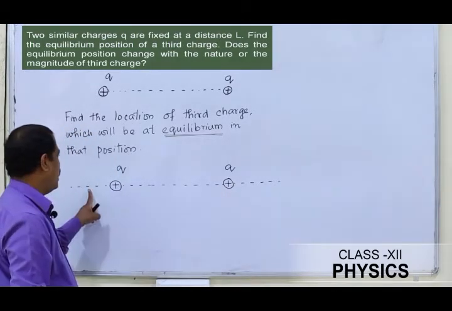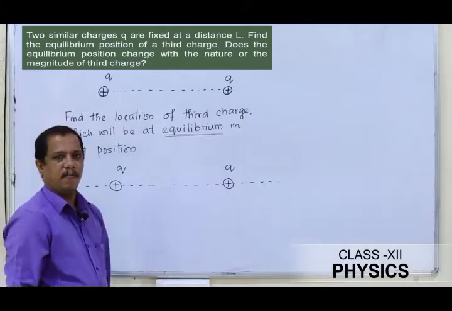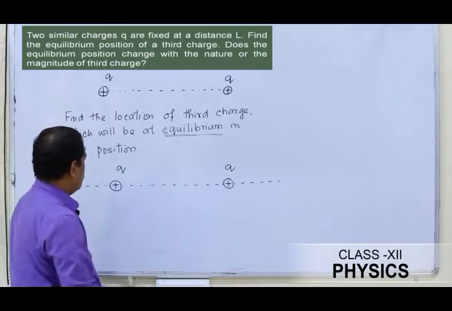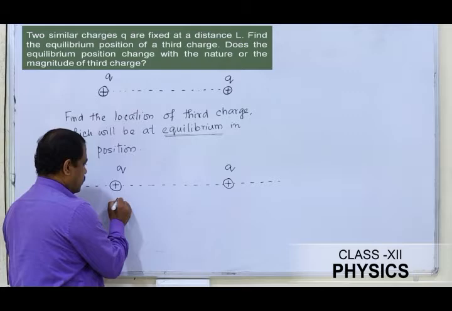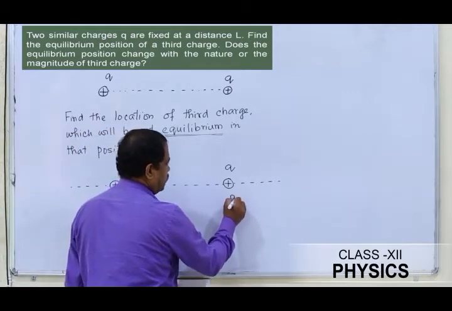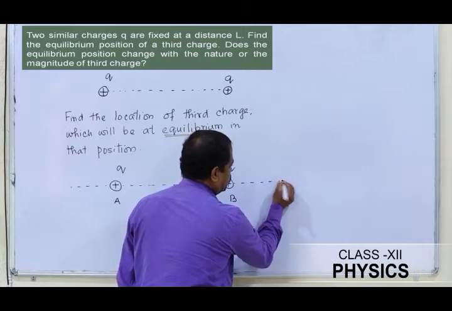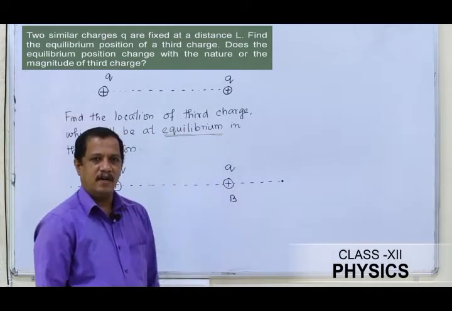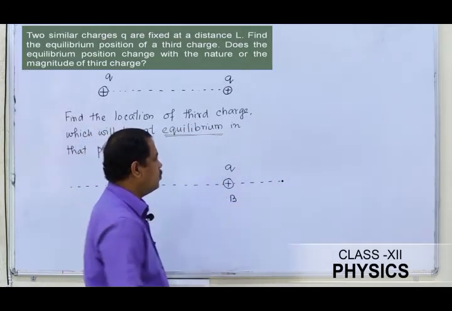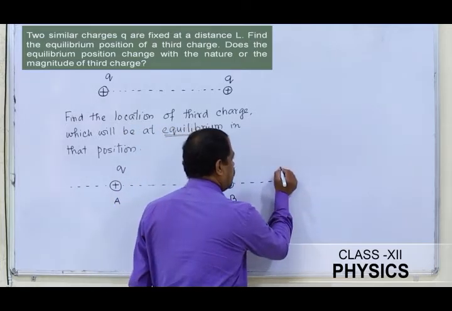We say line joining the two charges. Let me say this position is A, let me say this position is B. Now I want to try a position here. So to try a position here, let me say I am going to place one more charge, say plus Q.